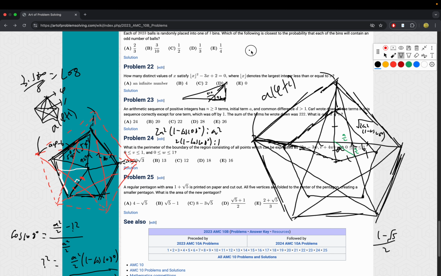Sine 108, sine 18 degrees. I remember splitting them, like... equals... like this.